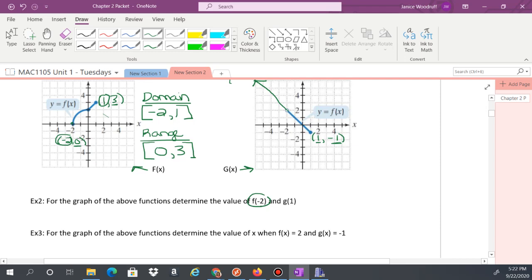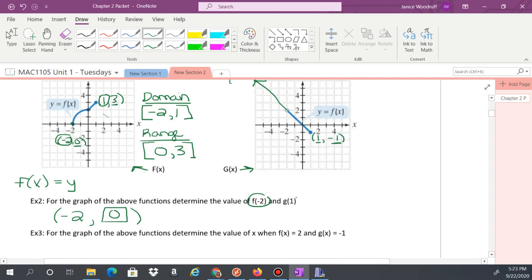Remember, f of x equals your y value. So they're asking when x is negative 2, so you have this point here on the f of x graph. So we look there, oh, there it is, negative 2 comma 0. So the value of f of negative 2 equals 0.